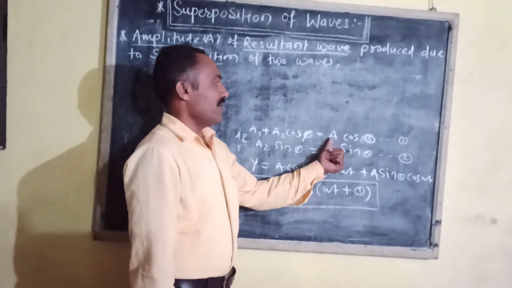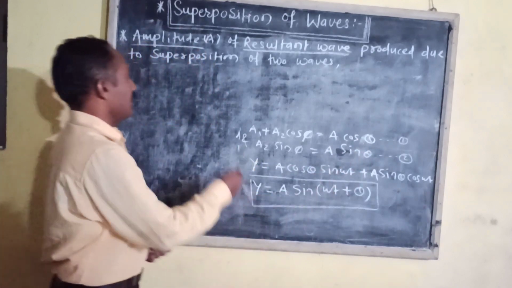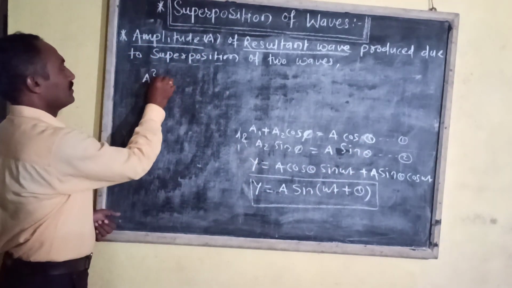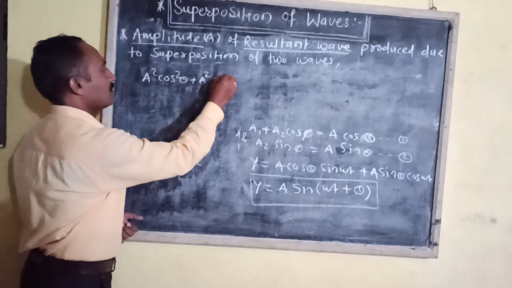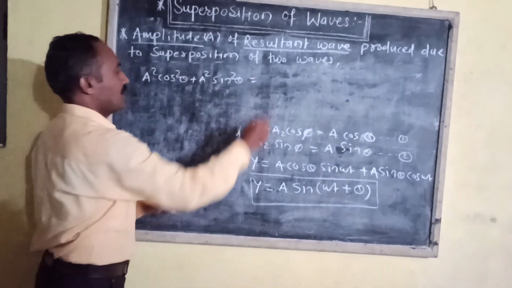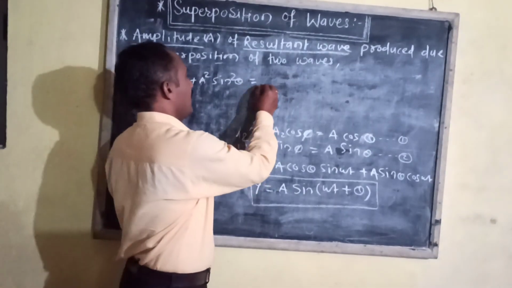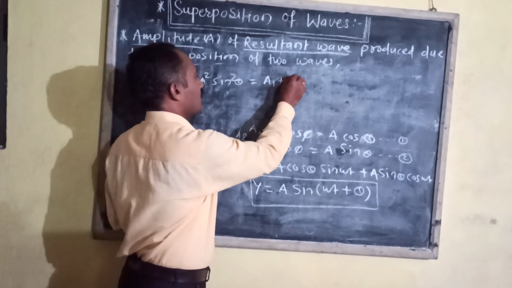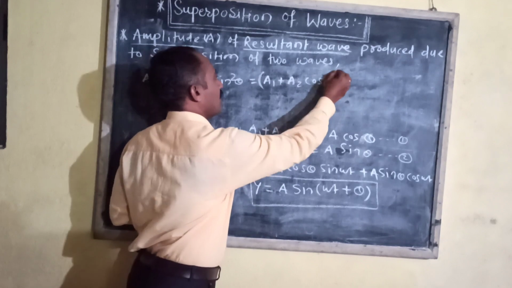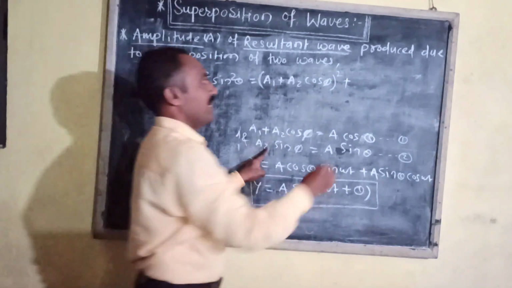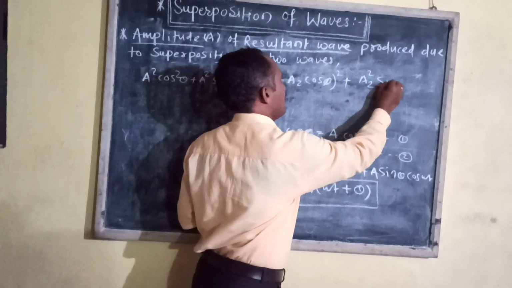We get A square cos square theta plus A square sin square theta is equal to (a1 plus a2 cos phi) square plus a2 square sin square phi.